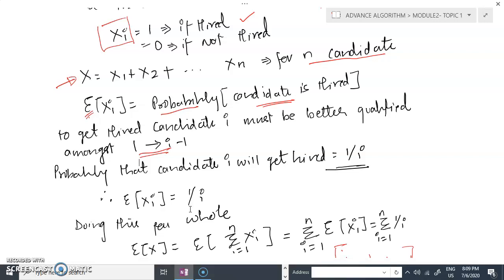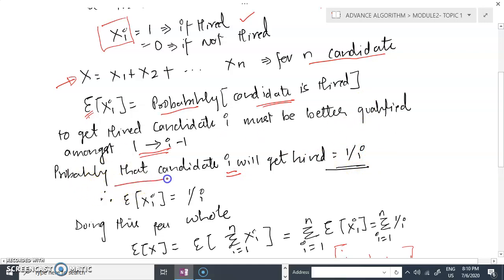Suppose it is the 15th candidate; if the 15th candidate is supposed to be hired, then it must be better than all 14 previous candidates. So if the ith candidate is to be hired, the candidate must be better than all the candidates from 1 to i minus 1. So the probability that the ith candidate will be hired is 1 by i. If i is 15, the probability is 1 by 15, correct?